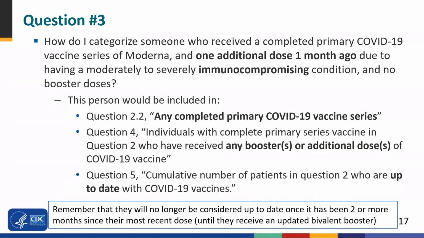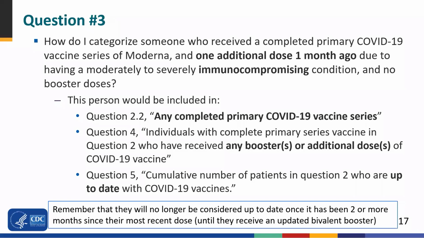This scenario asks about how to categorize someone who received a completed primary COVID-19 vaccine series of Moderna and 1 additional dose 1 month ago due to having a moderately to severely immunocompromising condition, but has had no booster doses.